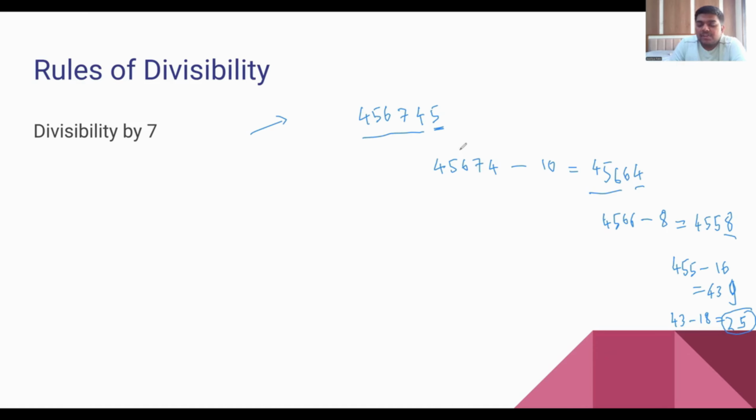We will do this iteration until we reach a smaller number which is easy enough to recognize whether it is divisible by 7 or not. Now 25 is not divisible by 7. So 456745 is also not divisible by 7.